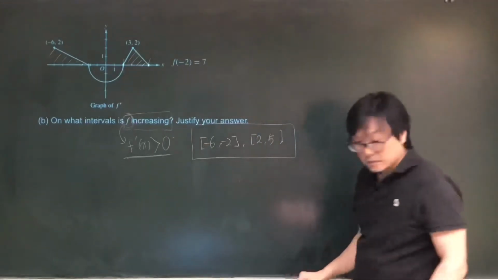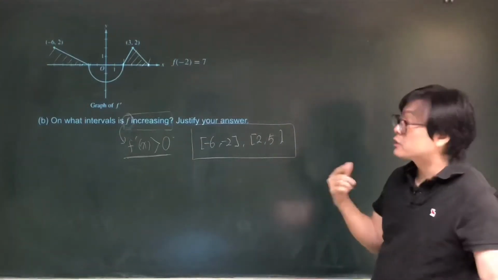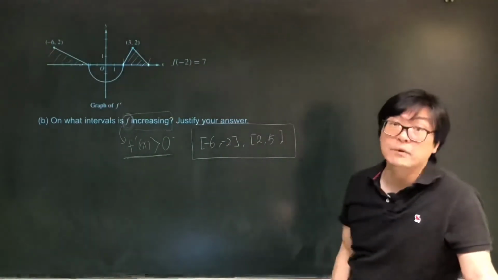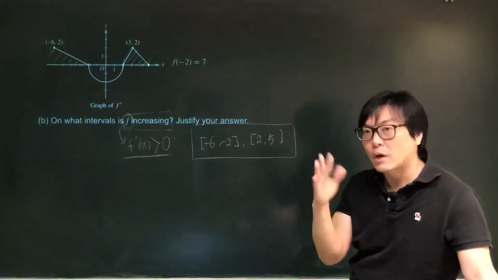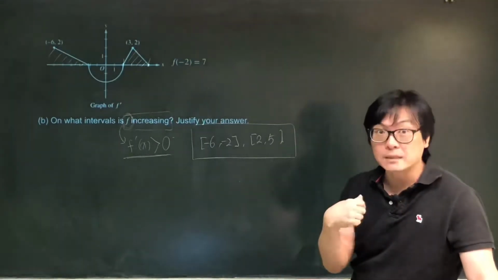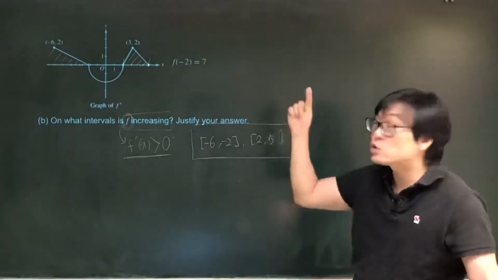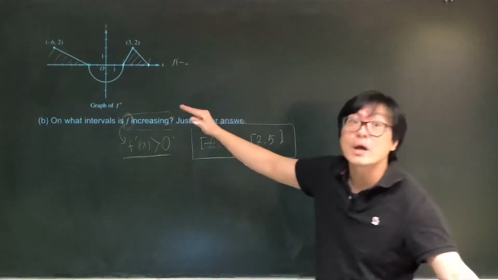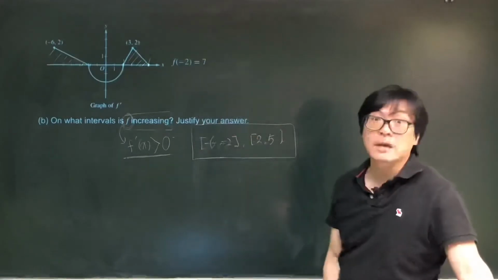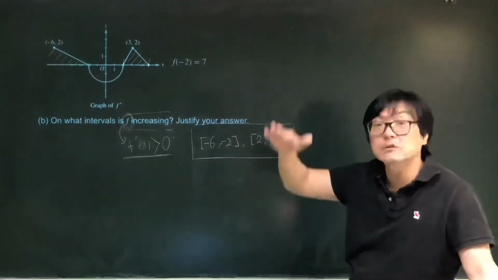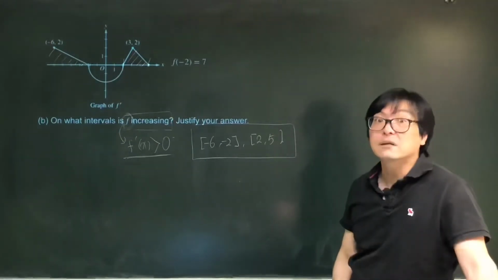Okay, but a lot of students actually make a mistake because they're confused by the shape of this graph. When you have an f prime or f double prime graph, we need to find out the information we need. Don't be confused by the shape of the graph. We are talking about increasing, decreasing for f of x, not f prime, not f double prime. If you look at the shape of the graph, you are easily confused by that.